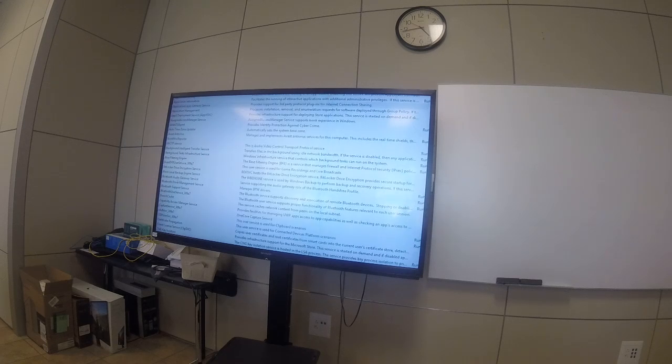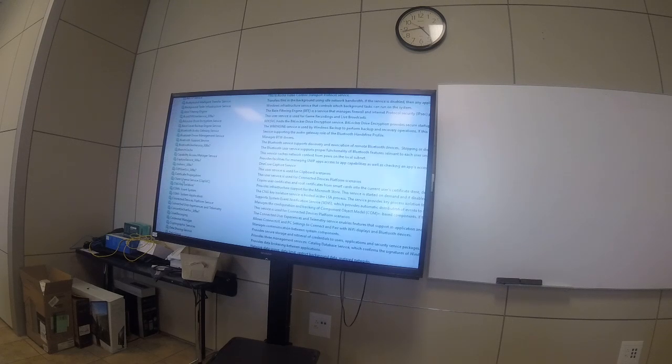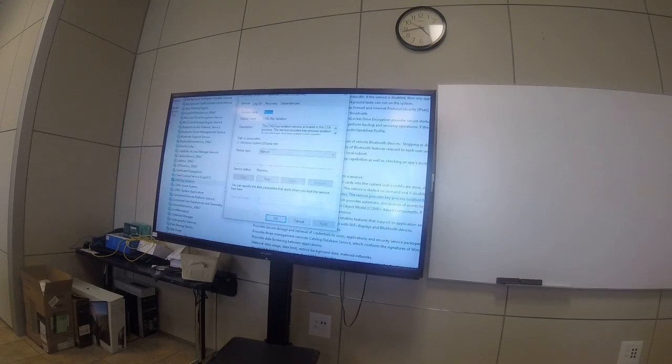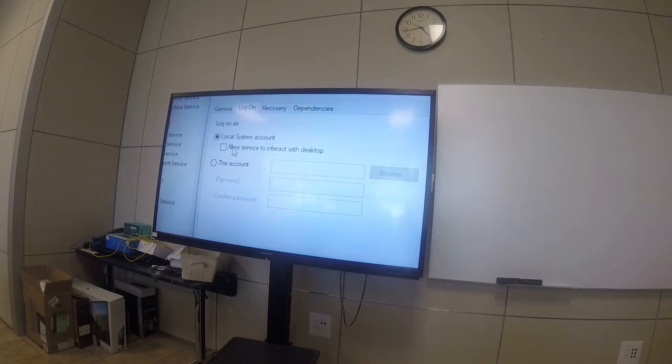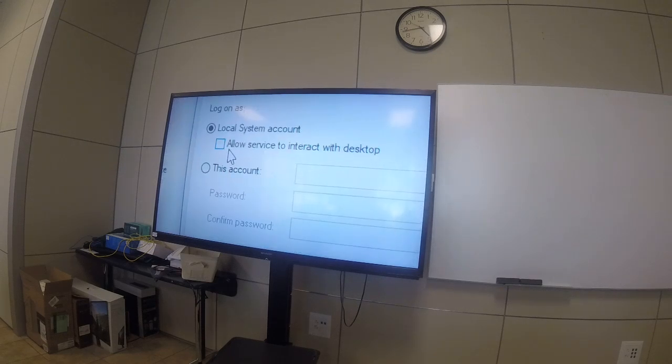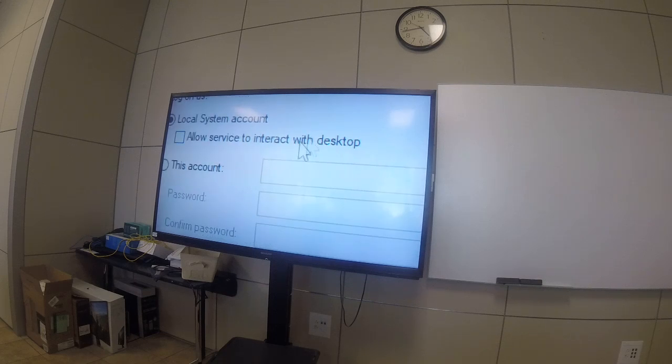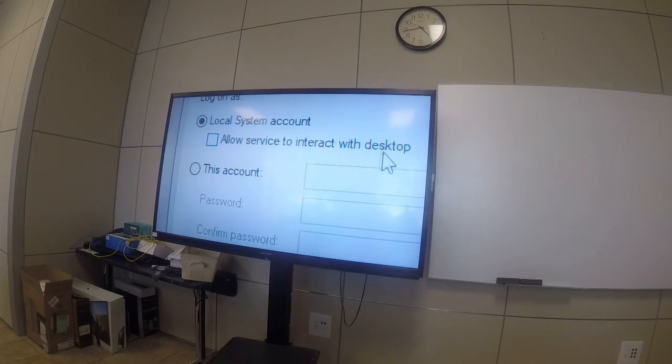That's not relevant. Let's go down to another one, CNG. Here we go. If it's not one of the core Windows processes, you're going to see this: Allows service to interact with desktop.